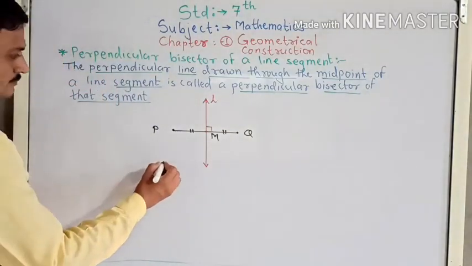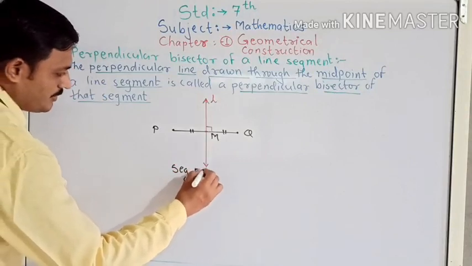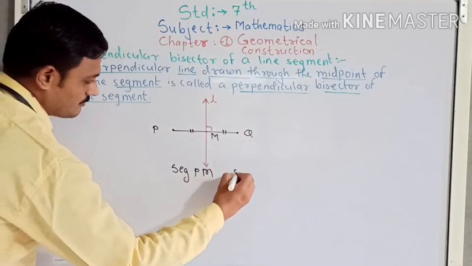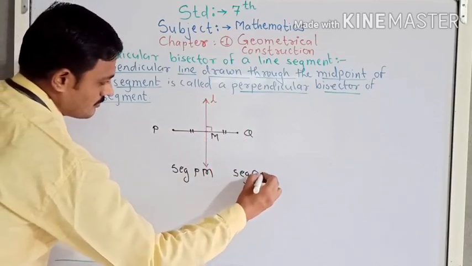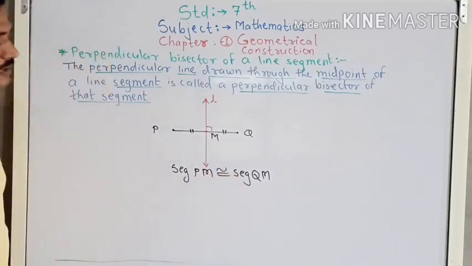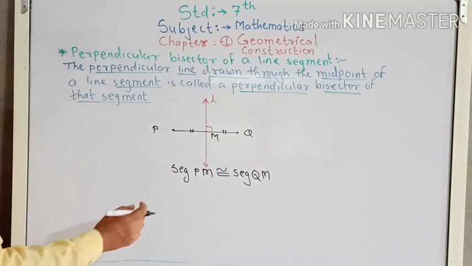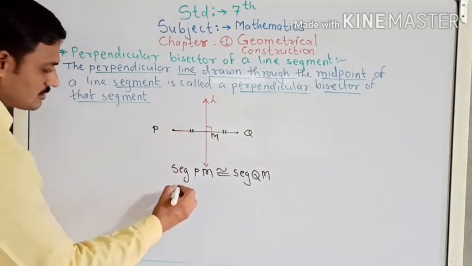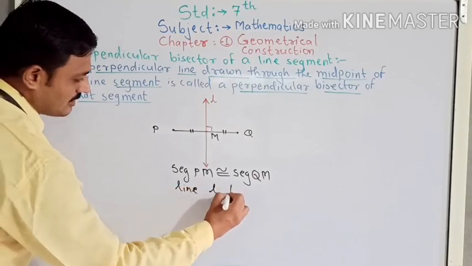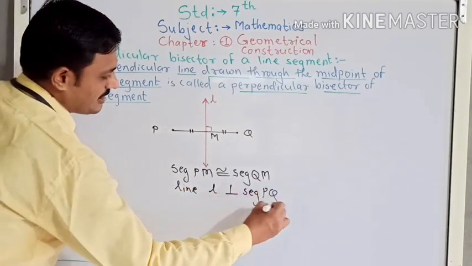Here segment PM and segment QM, both these segments are congruent. PM is congruent with QM, that means M is a midpoint, and line L is perpendicular to segment PQ.